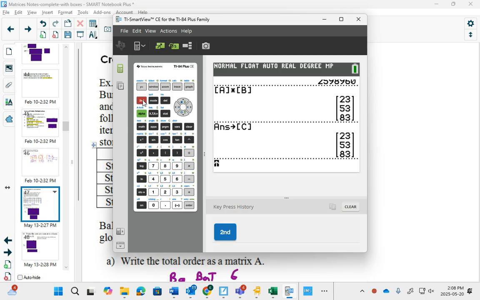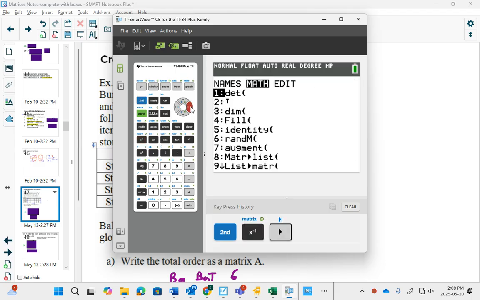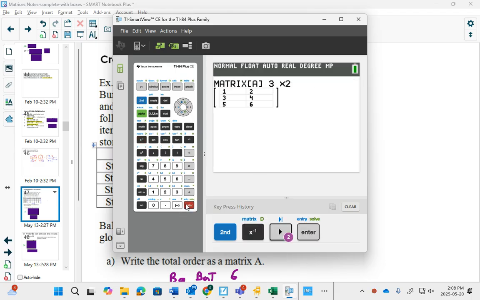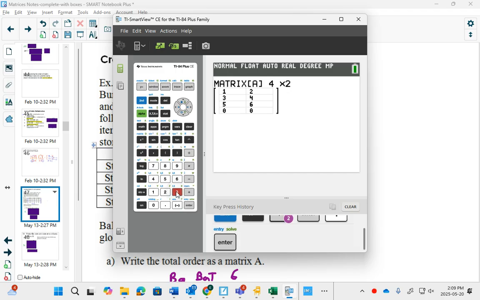So I'm going to go second matrix, I'm going to go edit matrix A, and my new matrix A is a 4x3.